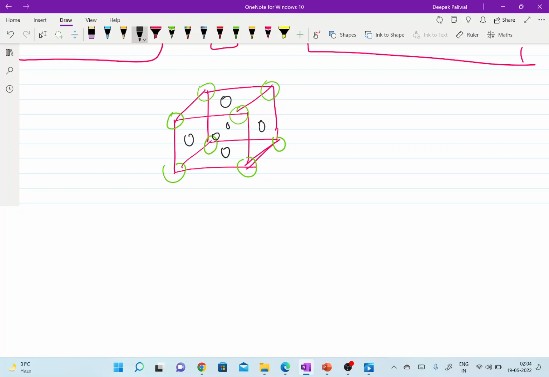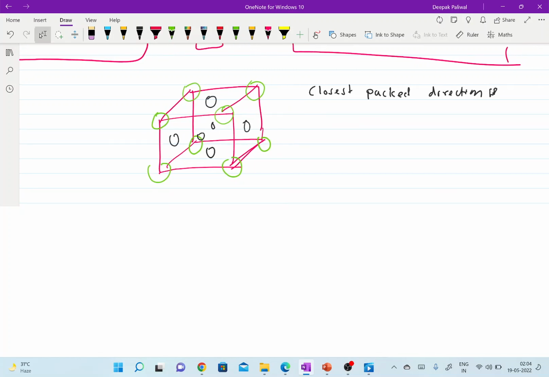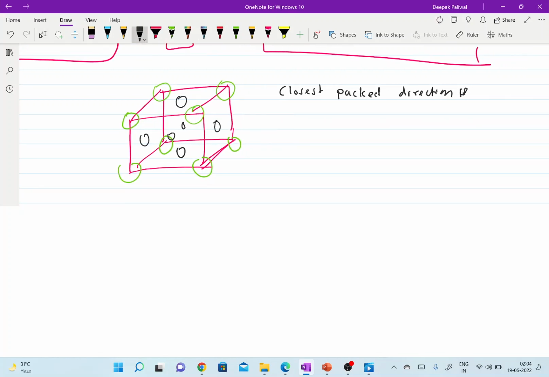And the closest packed direction in FCC, we know, is 110.